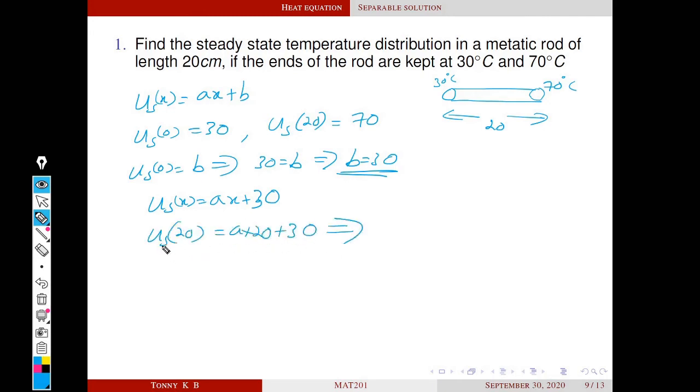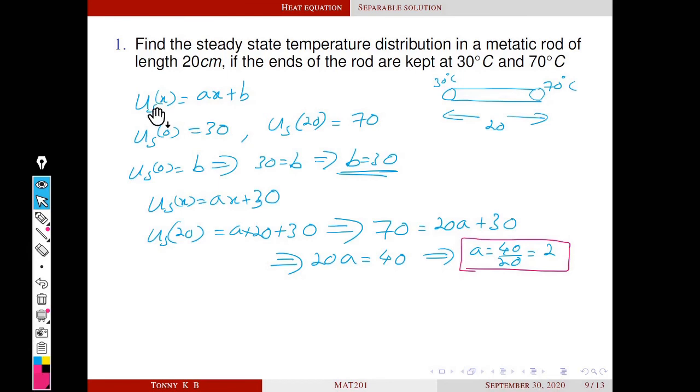This implies, what is U_S(20)? That is given 70 degrees. So a is 2. Therefore, our steady state solution is ax plus b. Substituting a and b, we get the steady state solution equal to 2x plus 30.